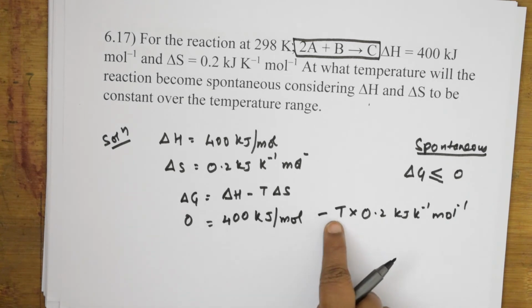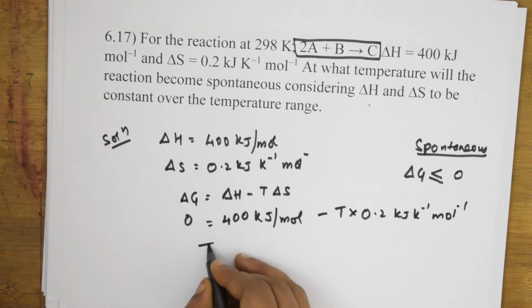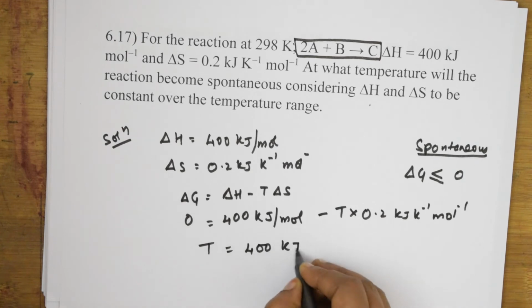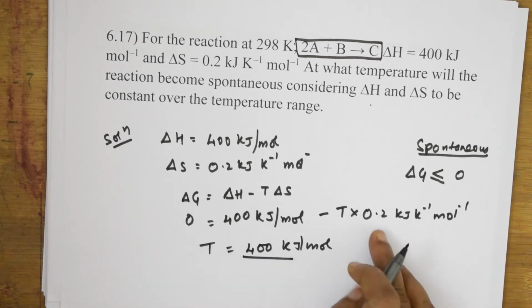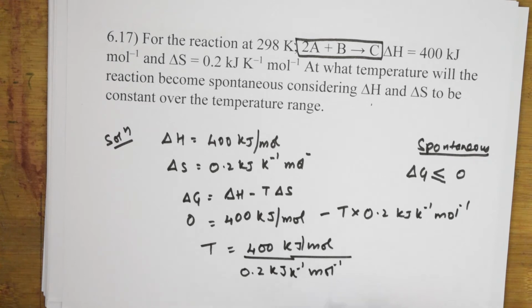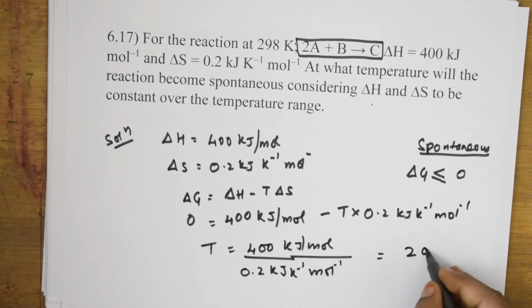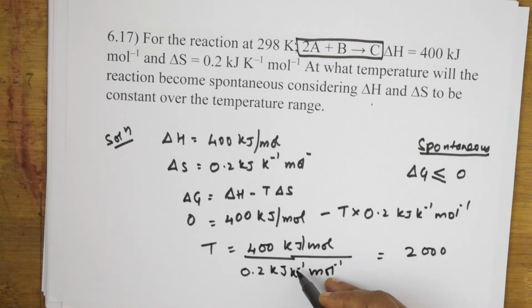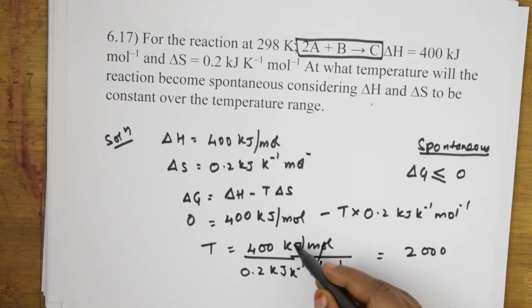Now I need to find this temperature because they asked at what temperature will it become spontaneous. Take out this temperature. What do I get? 400 kilojoules per mole divided by 0.2 kilojoule Kelvin inverse mole inverse. So how much do I get? When I divide 400 by 0.2 it gives me 2000. Kilo and kilo get cancelled, mole gets cancelled, joule gets cancelled.